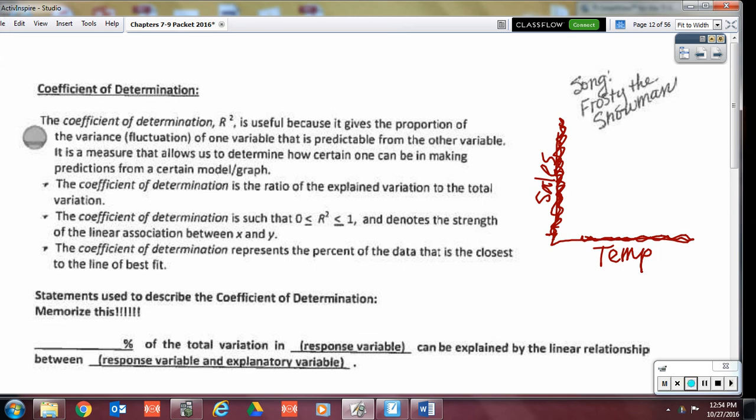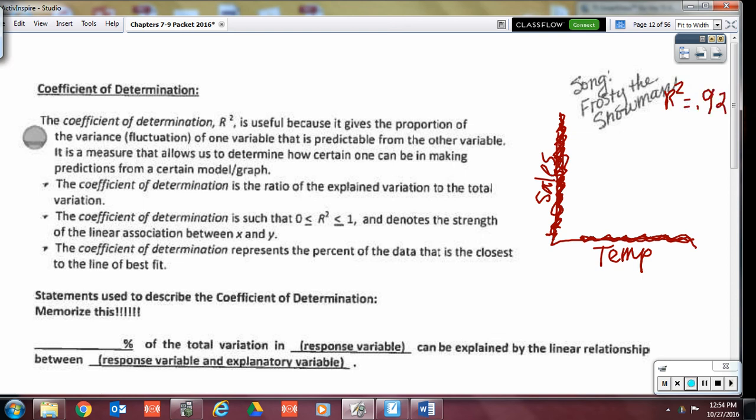So the reason that fluctuation is happening in the sales is because there is fluctuation in the temperature. Okay? And what an R squared tells you is the percent of reasoning that you can attribute to it. For example, we just said our R squared was 0.92.